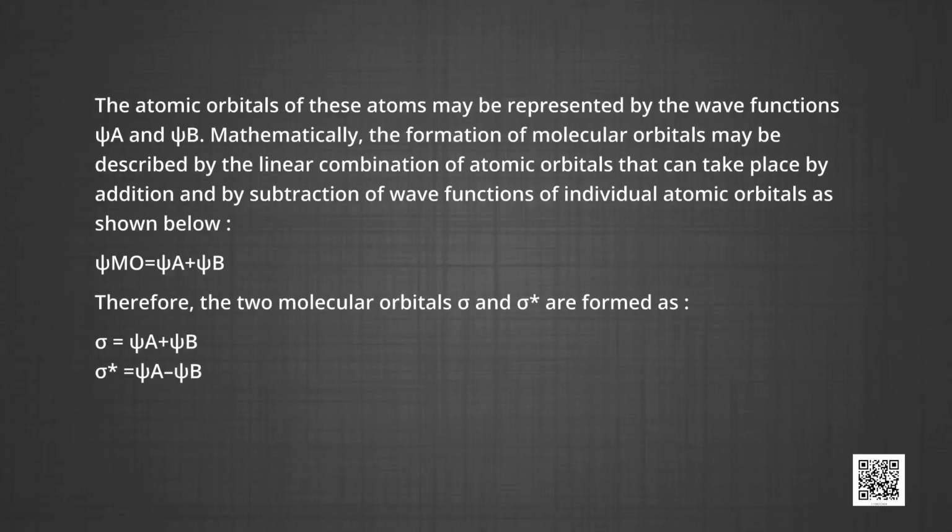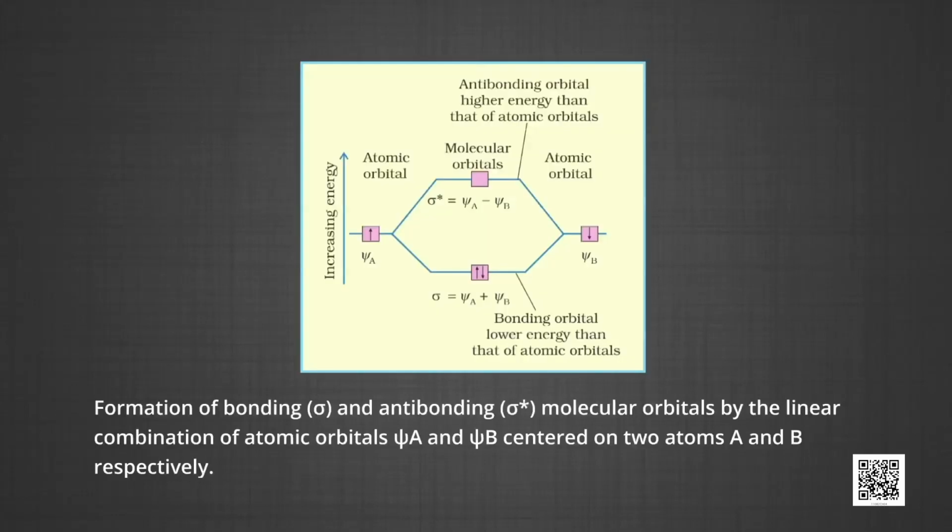Sigma star equals psi A minus psi B. Sigma antibonding orbitals are formed by destructive overlap between atomic orbitals. Therefore, the molecular orbital sigma formed by the addition of atomic orbitals is called the bonding molecular orbital, while the molecular orbital sigma star formed by the subtraction of the atomic orbitals is called antibonding molecular orbital, as depicted in the figure.